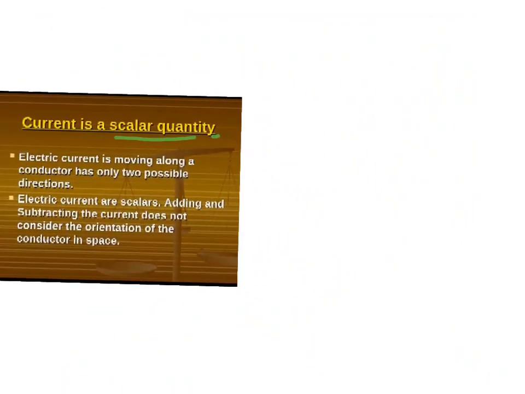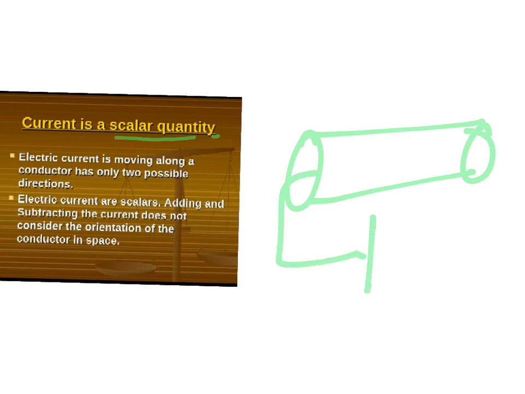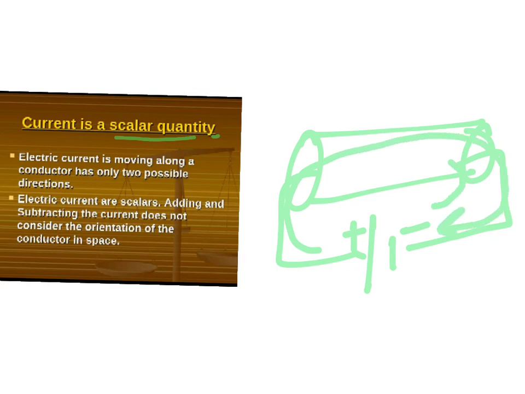Take the example. If there is a conductor connected to a battery, this is the positive side of the cell, this is the negative side of the cell. Electric current can flow from the positive side to the negative side, or from the negative side to the positive side.